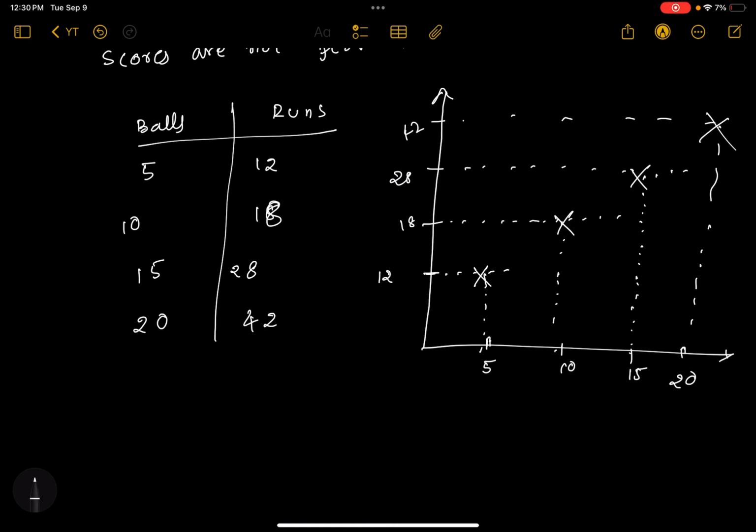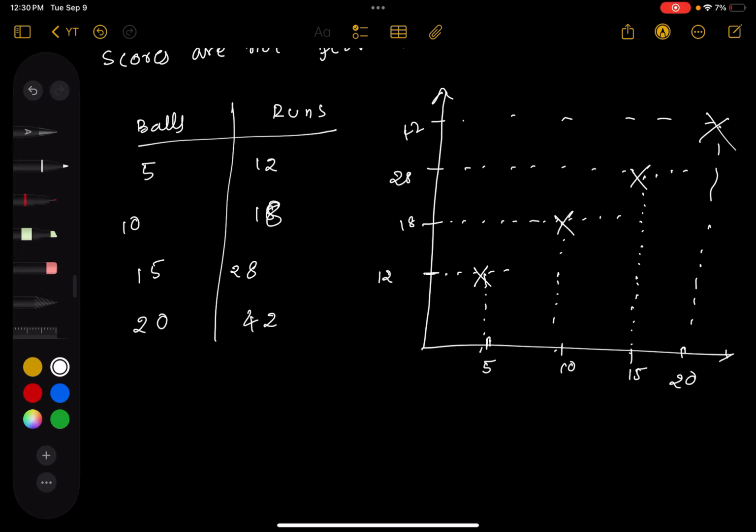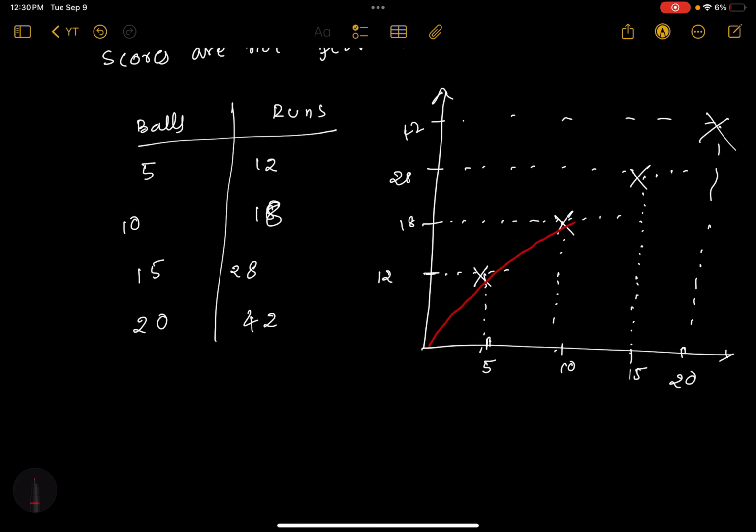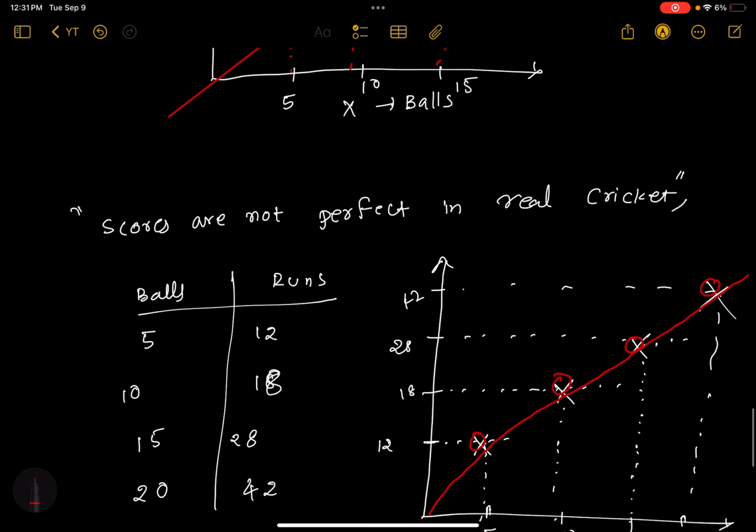Let me draw a straight line through this. The line is not perfect at all. We have a point here, here, here, and here. So these points won't be sitting on the straight line. Some will be a bit higher, some will be a bit lower.